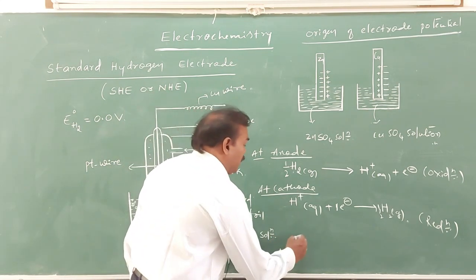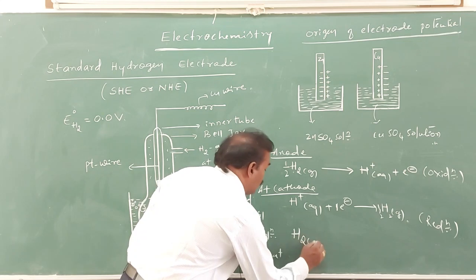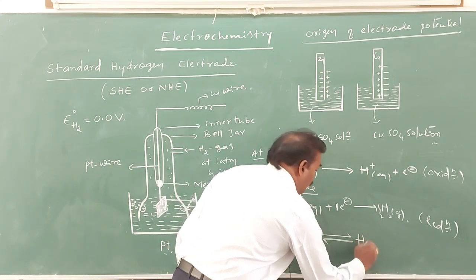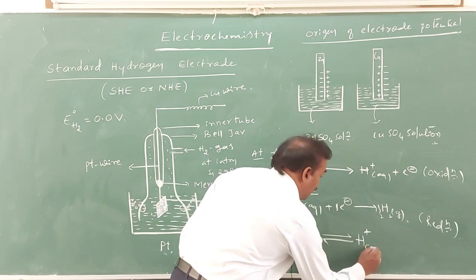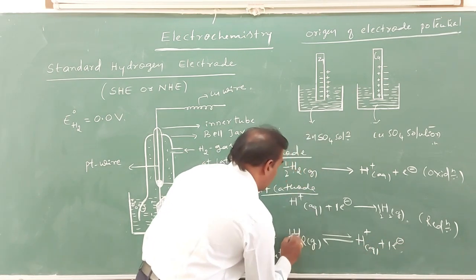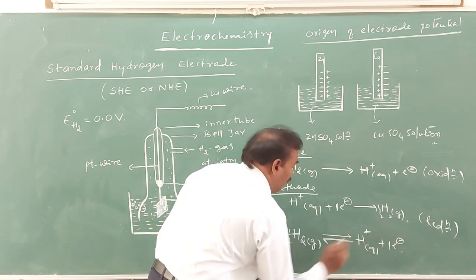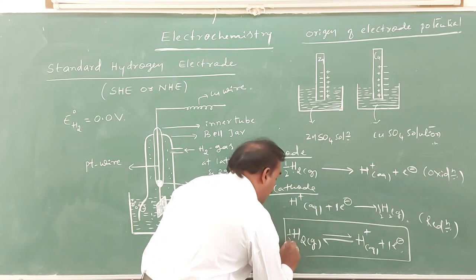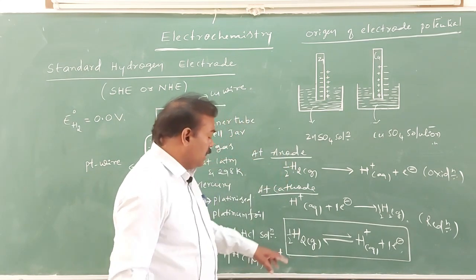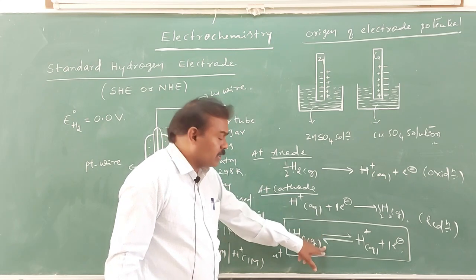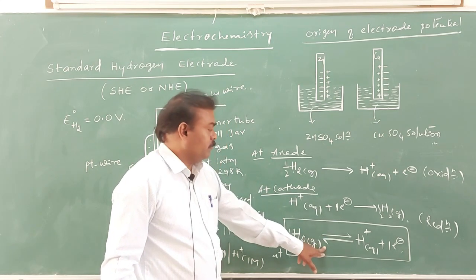These two reactions can be written in this manner also. Hydrogen gas undergoing oxidation gives H plus ions in aqueous state and 1 electron. It is half a mole of H2 giving 1 H plus and 1 mole of electron. So this is the reaction taking place in the hydrogen electrode, meaning both the forward direction, that is oxidation, and the backward direction, that is the reduction reaction.